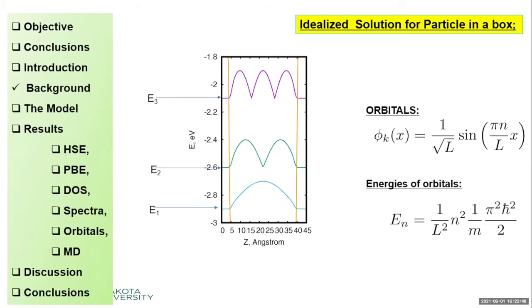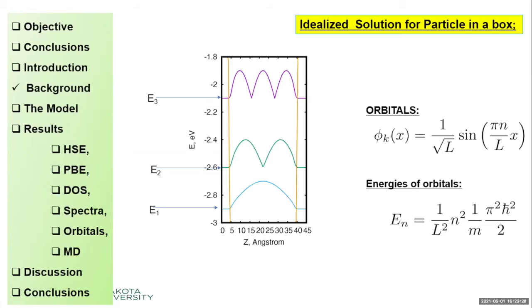This one is so complicated. If we consider only a single oligomer, it can be easily explained with a particle in a box. Inside the box, the potential energy is zero, and outside the box, the potential energy is infinity.